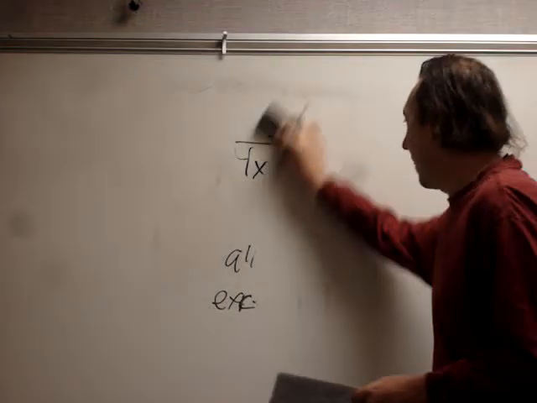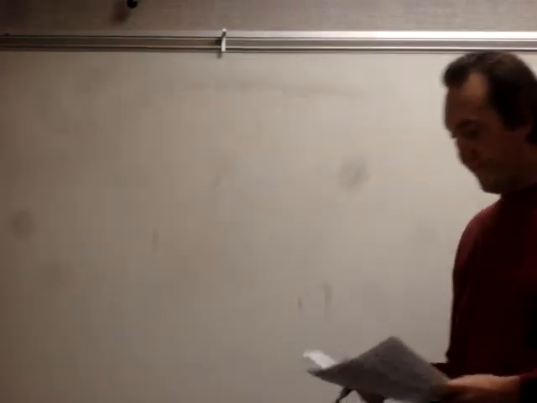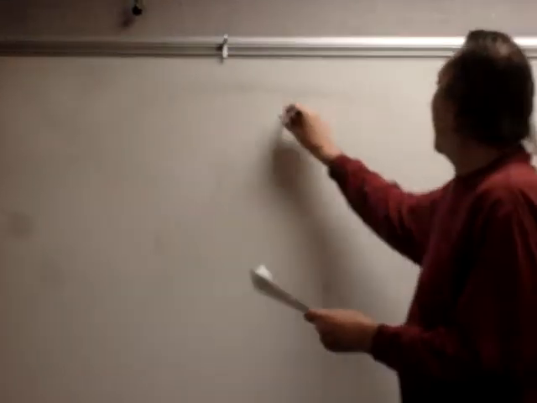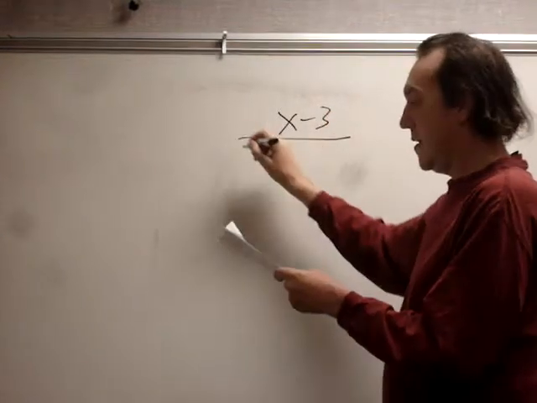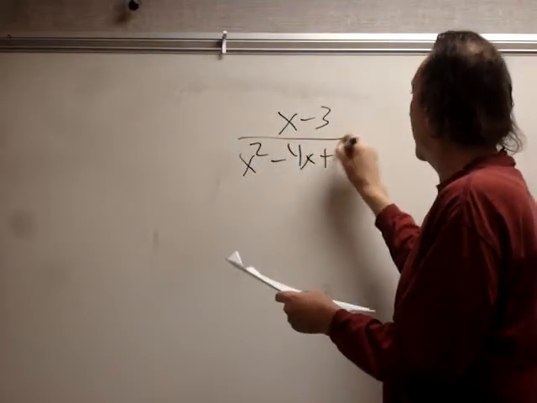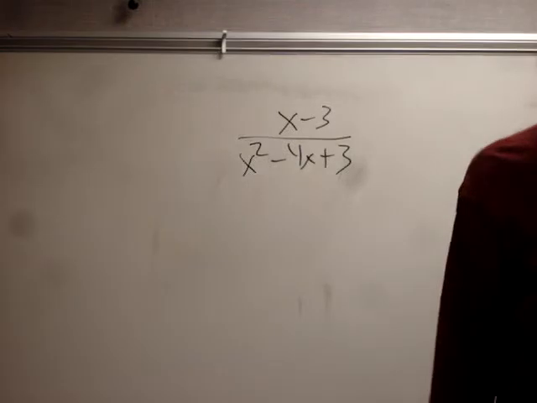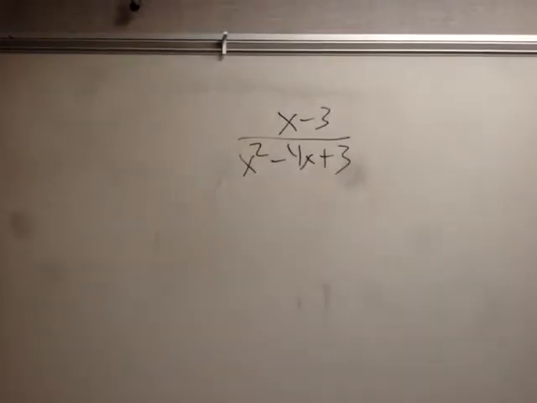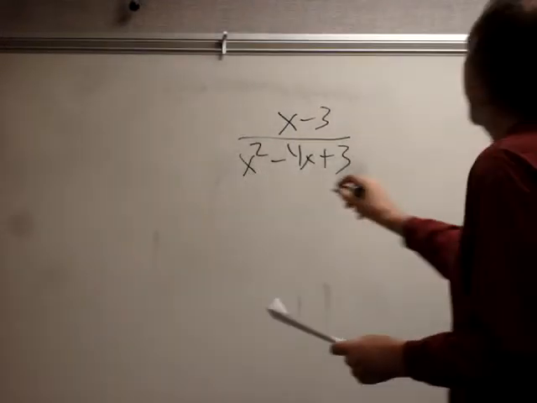Then we have something like x minus 3 over x squared minus 4x plus 3, and we're asked to simplify this. So the top, the numerator is already simplified, but I'm going to put it in parentheses.